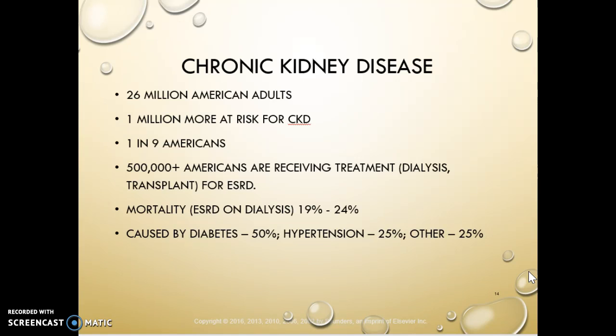And then there are other causes like severe infections and acute kidney injury that you'll learn more about next semester in adult health. But just knowing that if you could take care of diabetes and hypertension, which go somewhat hand in hand, you would have significantly less development of chronic kidney disease.